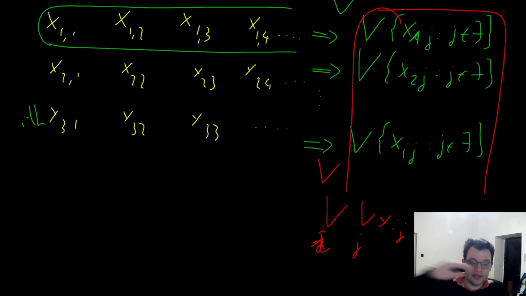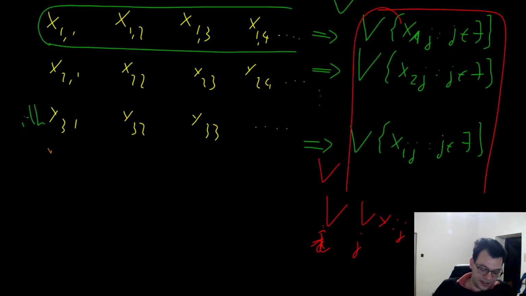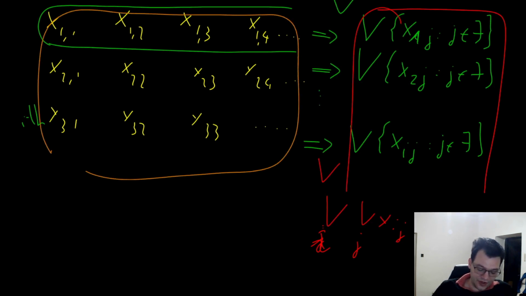So you just take the suprema of the rows, you get these suprema, and then take the supremum of the results, and that's the double stuff. While the other thing is basically just taking the supremum of all these in one single step. And it says that it's the same.